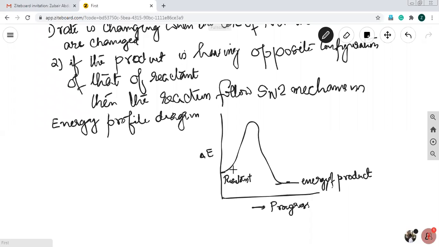And now see here, overall this is the delta H of the reaction. And what about this?